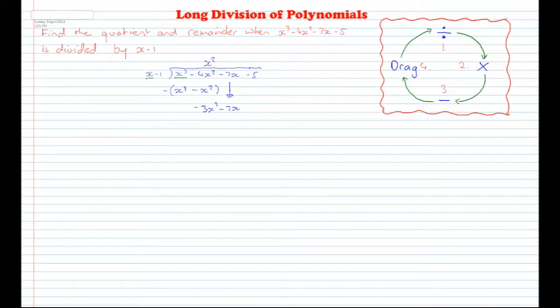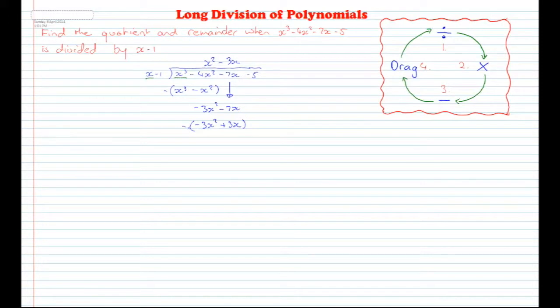Alright, once again we repeat the process. So you divide: negative 3x squared divided by x gets us negative 3x. Step 1's been done. What do we do next? Well, it's step 2, which is multiply. Negative 3x times x is negative 3x squared. Negative 3x times negative 1 is positive 3x. Excellent, I've now multiplied. Let's now subtract.